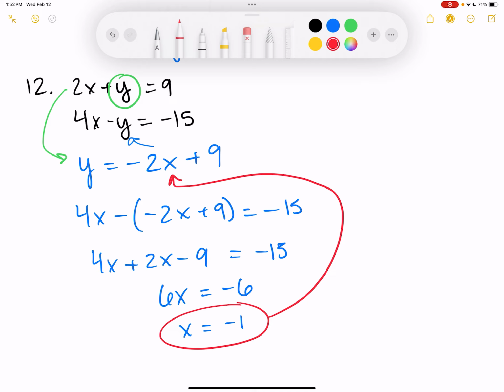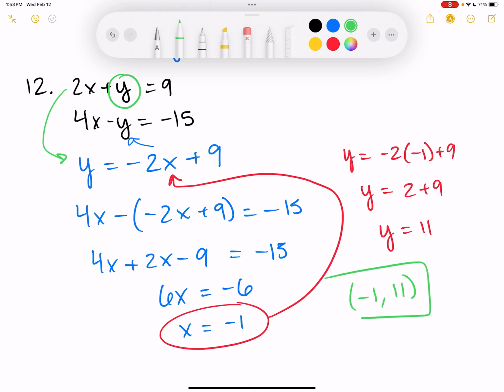Now, you can do the very original, but it's easier because I'm ultimately trying to solve for y, so now all I have to do is plug in x. If I put it in up here, I have to move stuff over, and it's a whole extra step. So y equals -2 times -1 plus 9. So y equals 2 plus 9, or y equals 11. So my ordered pair is -1 and 11.